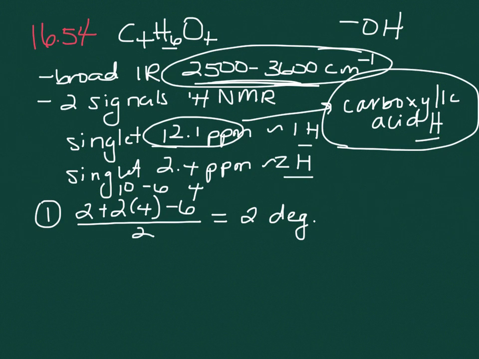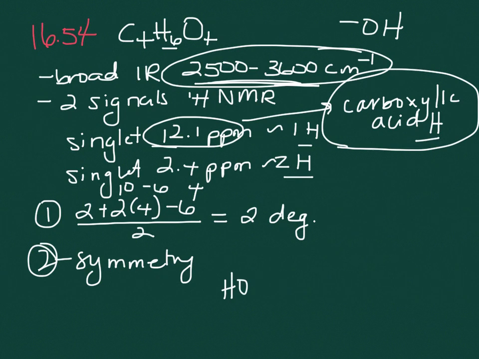Again, we have 6 hydrogens, so there's got to be some type of symmetry here. I can tell this by looking at the integration and the molecular formula. So I most likely will have 2 carboxylic acids, one on either end of the molecule.